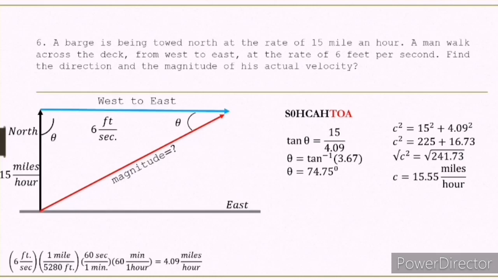So to get the direction and the magnitude of his actual velocity, we use the TOA.